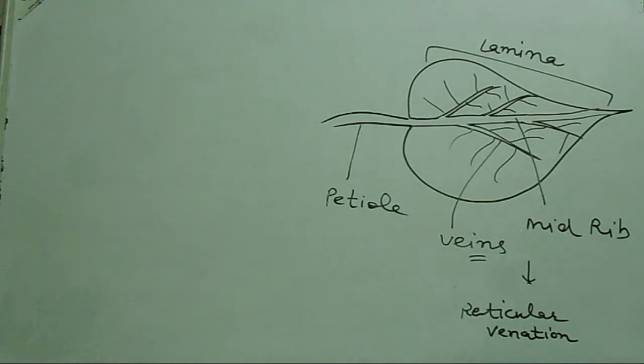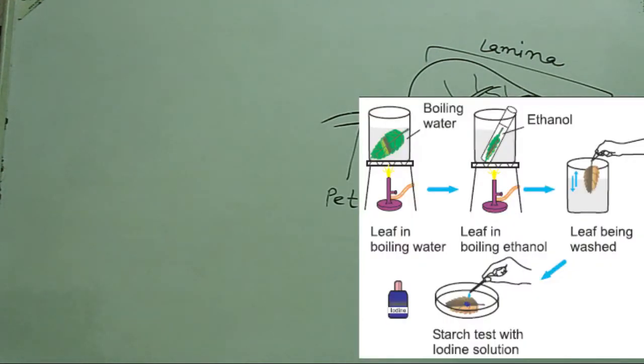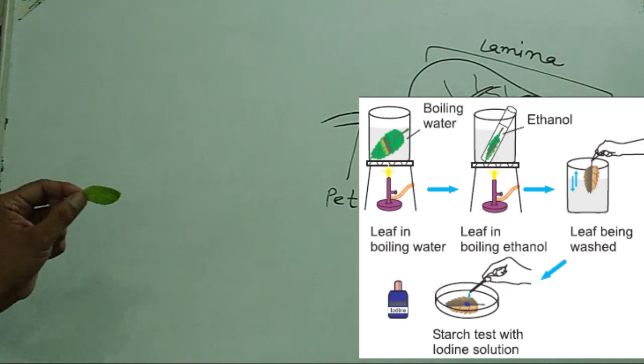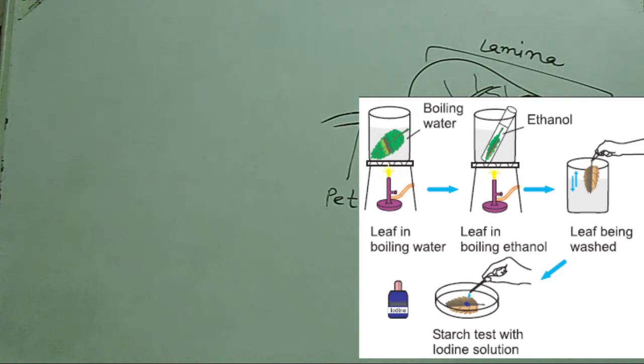For that activity we need iodine solution. We need one beaker, one test tube, and a spirit lamp. What we have to do for that activity? First of all, we have to take one leaf which is very green in color, and very small in size. Take that, it will be more suitable.